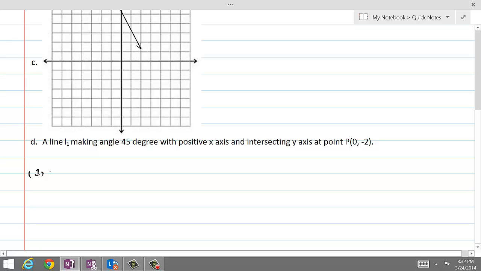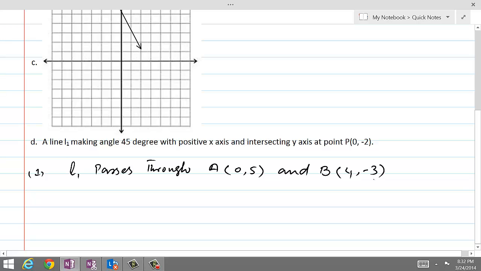The line L1 in part 1 passes through two points. Point A is 0, 5, and the other point is B with coordinates 4, minus 3.